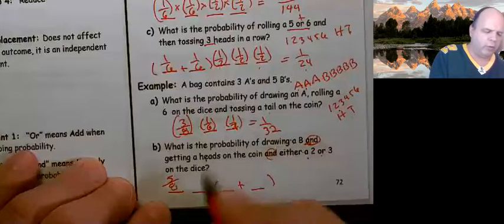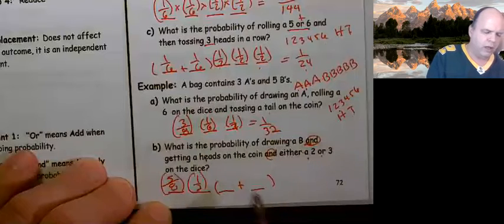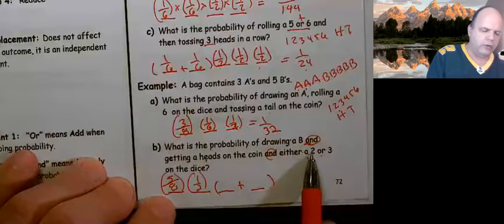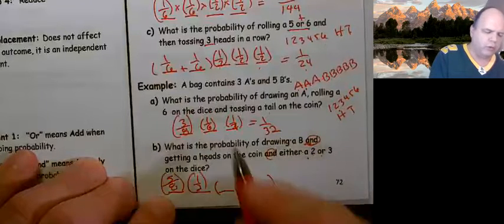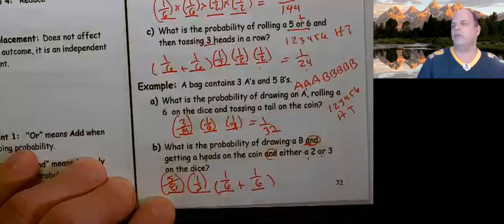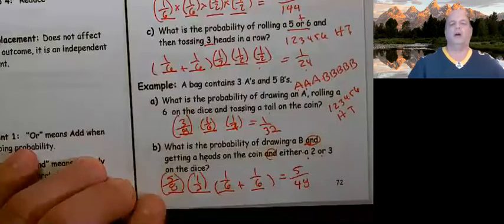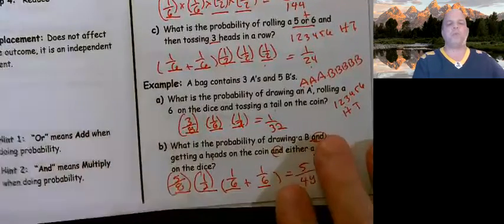Getting a heads, well, that's 1/2. And then either a 2 or a 3. Well, there's 1 out of 6 for the 2 and 1 out of 6 for the 3. And all of that would reduce to a fraction of 5 over 48. Okay? Moving on to the next one.